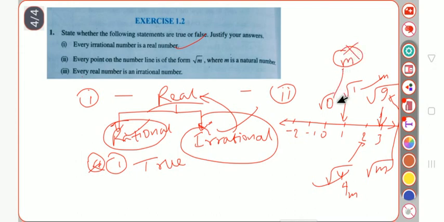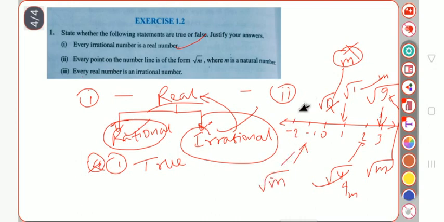0 is not a natural number. It is a whole number. Coming to point -1, we cannot write -1 as root m. There is no natural number whose square root is -1.